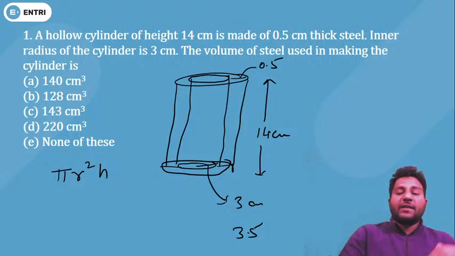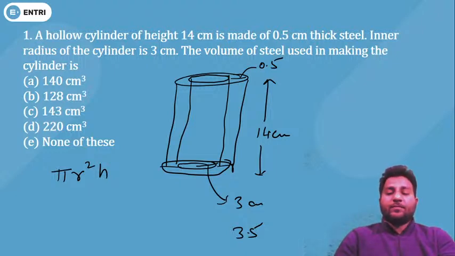Because you know that it's a hollow cylinder, which means you need to understand the situation. Let me share this. So tell me the answer of this question. I'm waiting for everyone to solve this question.